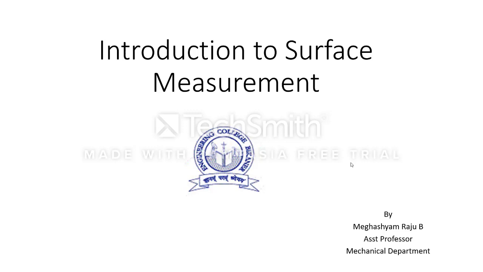So this is the last lecture for surface metrology. We have seen how to measure the surface texture like roughness, waviness and finish of particular workpieces, and how to identify the lay of a manufacturing process.